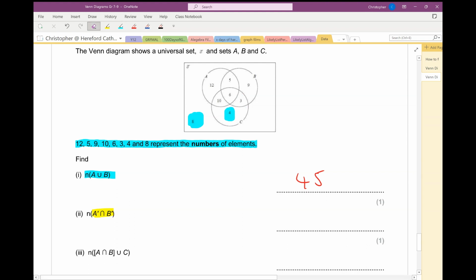Indeed, none of the others are going to qualify. So my answer, how many are not in A and also not in B? The answer is 12.